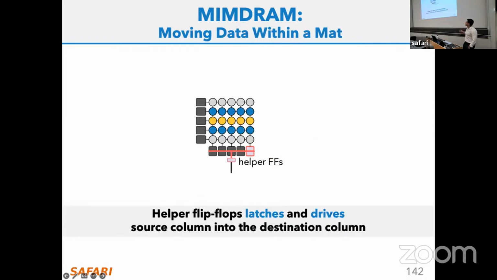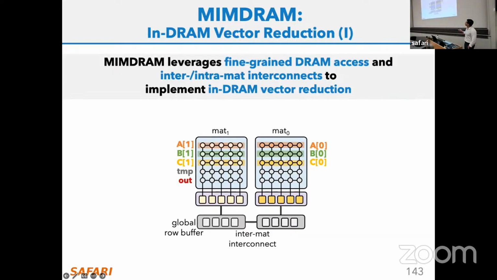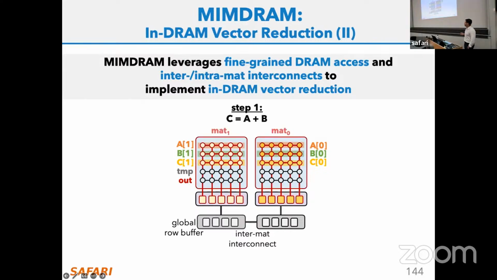Okay, so basically we use the help of this intra-mat network to perform DRAM reduction operations. What we are doing here is implementing a reduction tree. Let's say that you want to reduce the addresses of A and B into a single scalar.